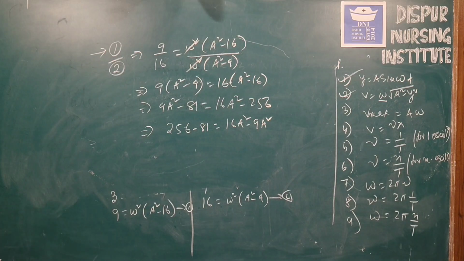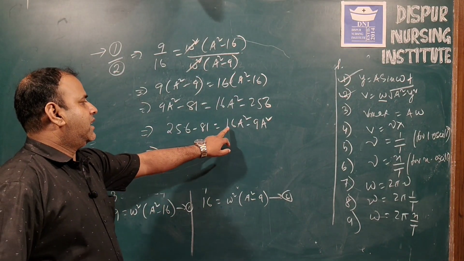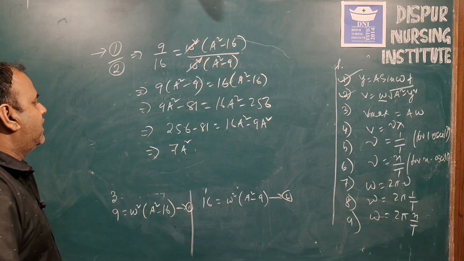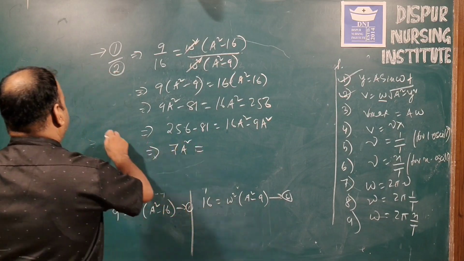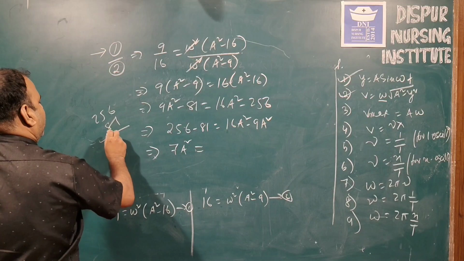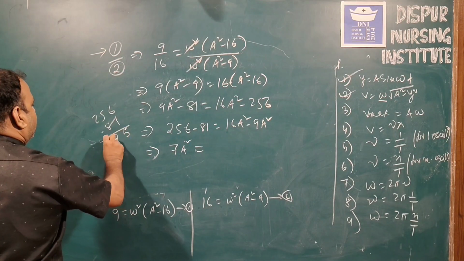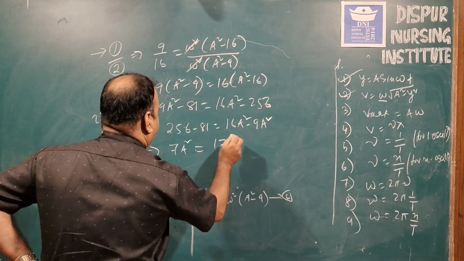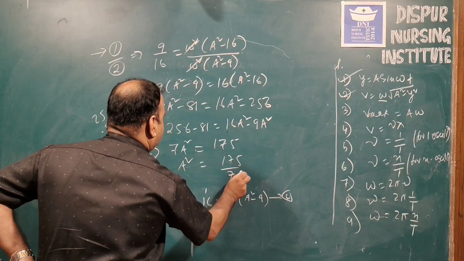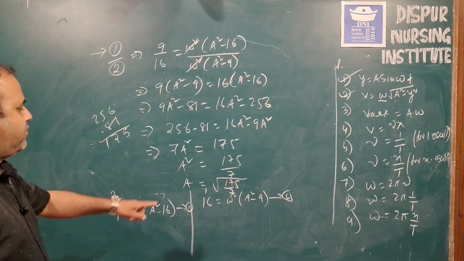So this is the simple relation. So we can write 16 minus 9, it will be 7a square, and here 256 minus 81, so it will be 175. So a square is equal to 175 by 7 and a is equal to under root 175 by 7. So this is the final result.